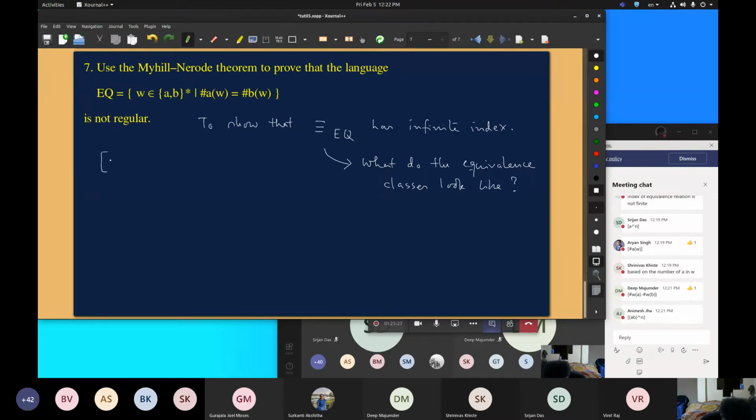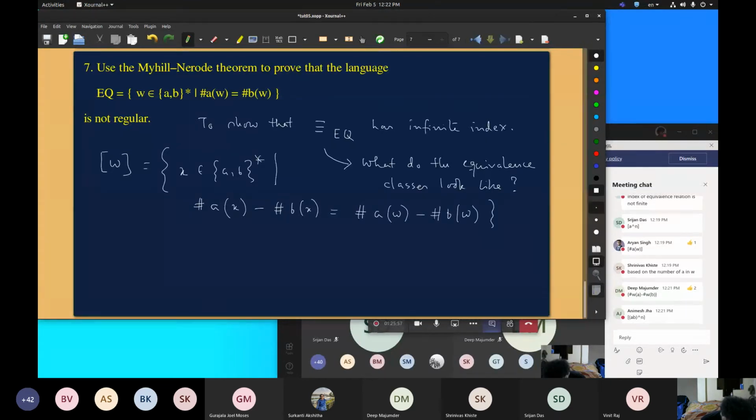The equivalence class of some string W consists of all X in {A,B} star such that number of A in X minus number of B in X is equal to number of A's in W minus number of B's in W.